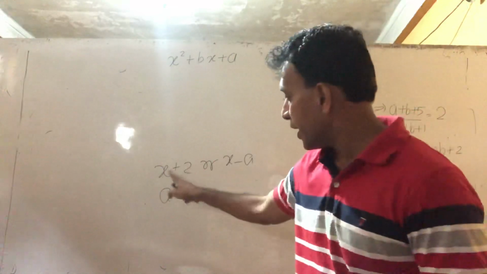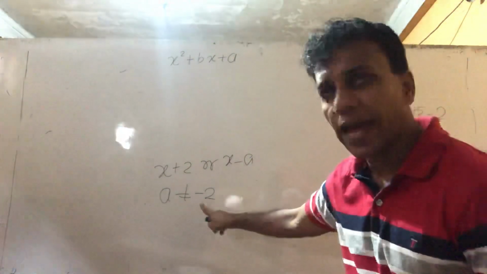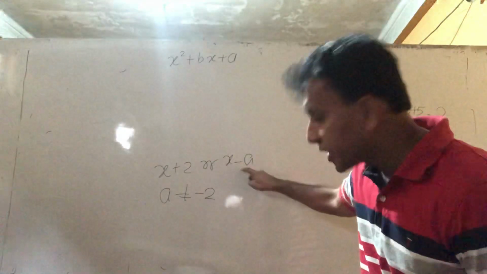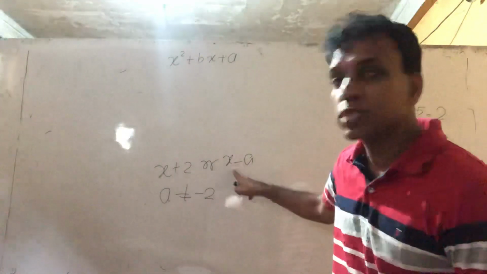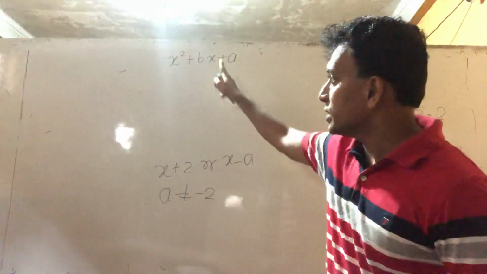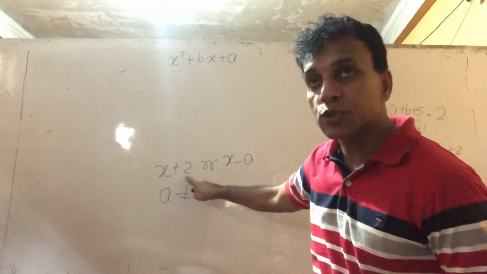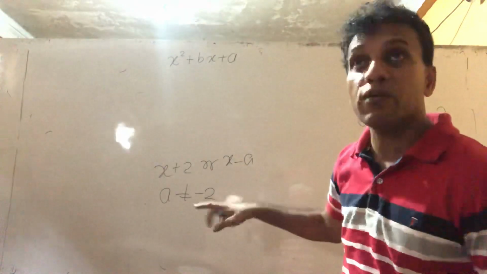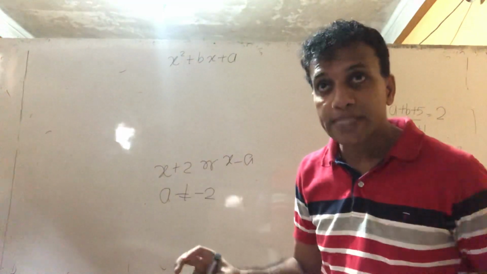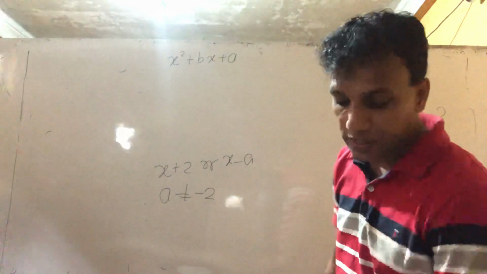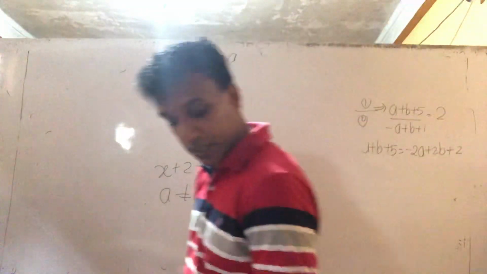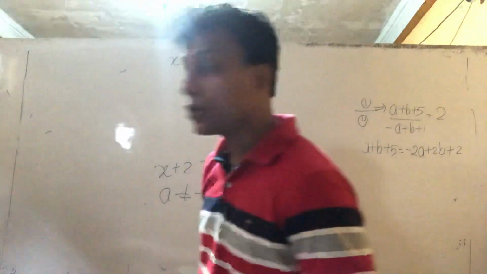They said here a not equal to minus 2. If we put a for minus 2, this becomes the same expression. They say this polynomial divided by x plus 2, what's the remainder? This polynomial divided by x minus a, what's the remainder? Both remainders are the same, equal remainders, right? Then show that b equal 3a plus 12, a plus b equal to 2.